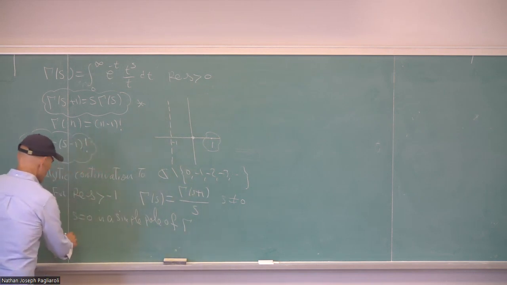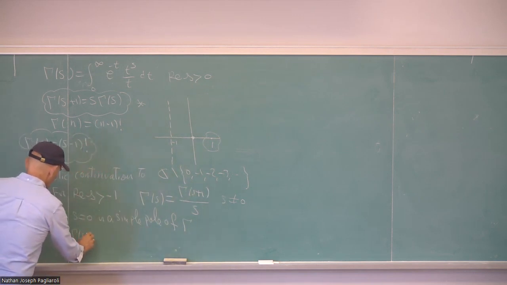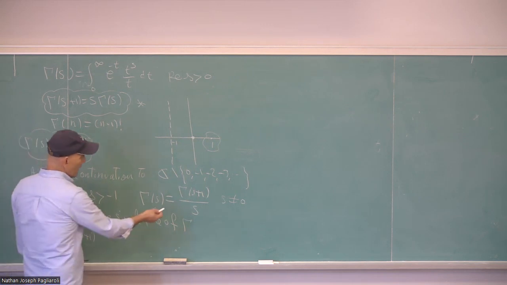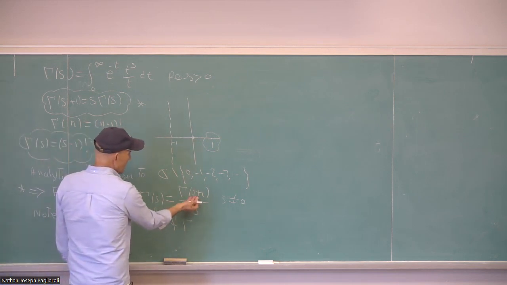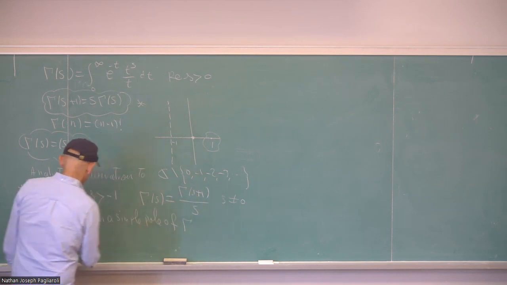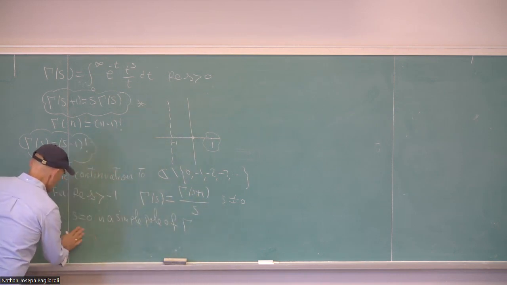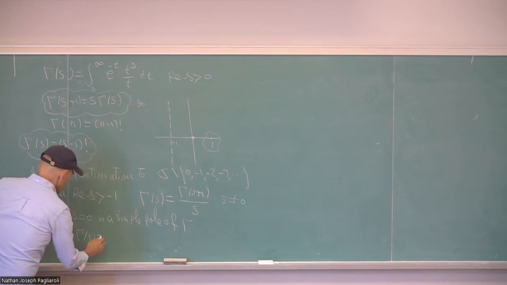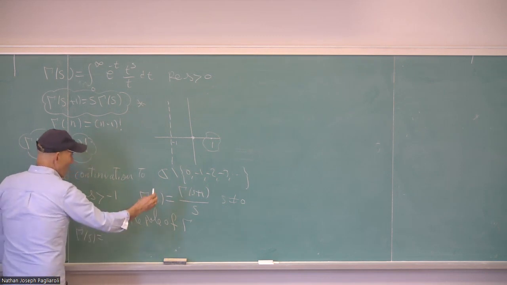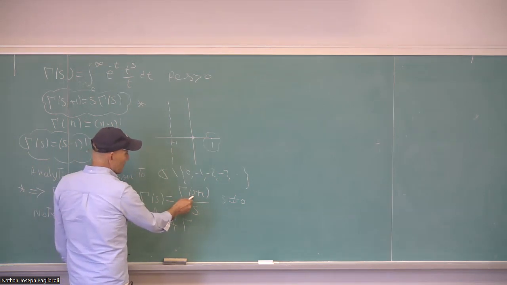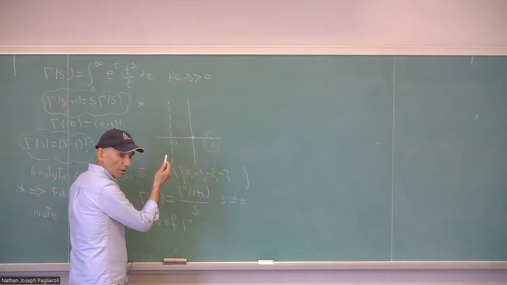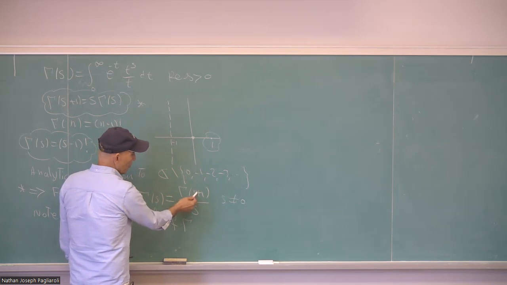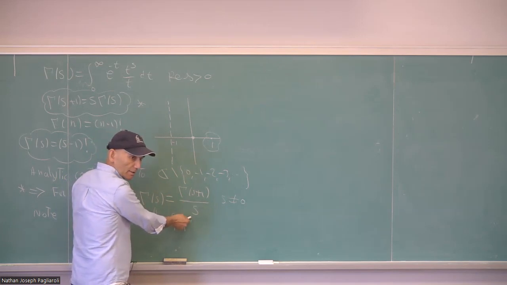So gamma of s plus 1, you can expand it, and its value at s equal to 0 is 1. Gamma of 1 is 1, right? So this is 1. So this is of the form 1 over s at s equal to 0.